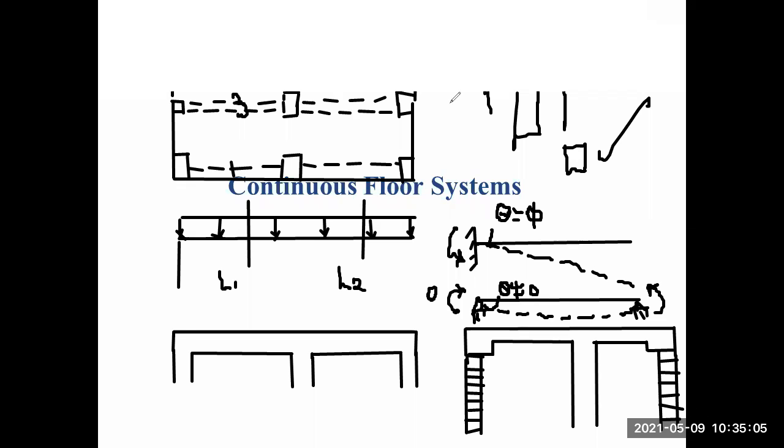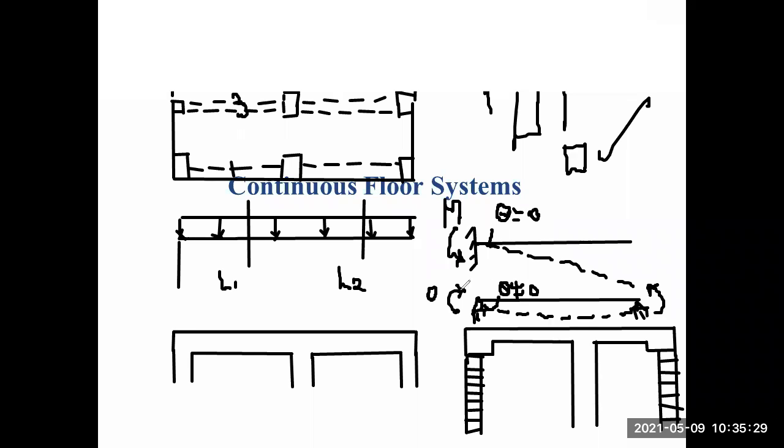Because of the moment, theta is equal to 0, because we have a moment that prevents this end from having an angle, what we call a rotational deformation. The moment prevents this end from having this rotation.